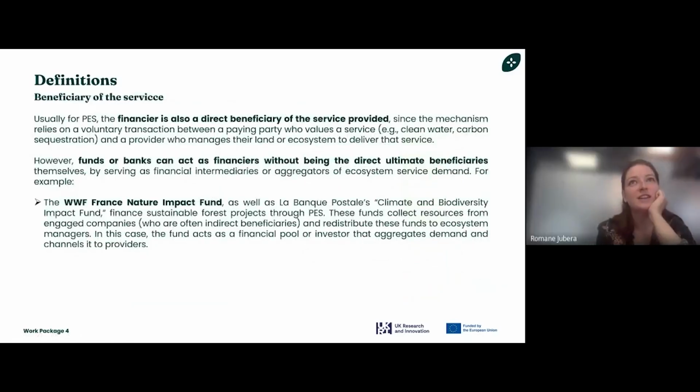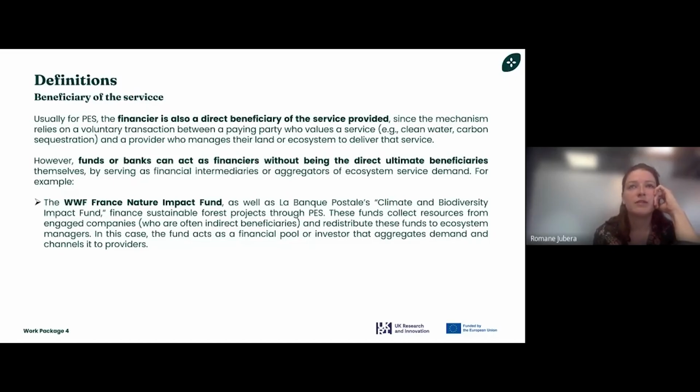Yeah, maybe just some information regarding the beneficiary of the service. Usually for PES, the financier is also a direct beneficiary of the service provided, since the mechanism relies on the voluntary transaction between the financing party and the provider, the manager of the land or ecosystem. However, we can see that some funds or banks can act as financer also without being the direct ultimate beneficiary themselves.